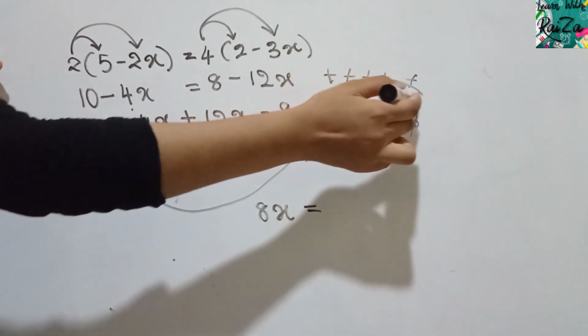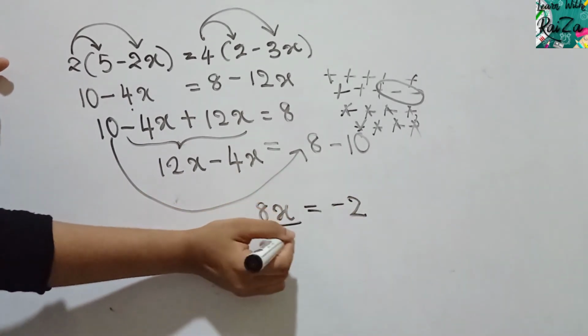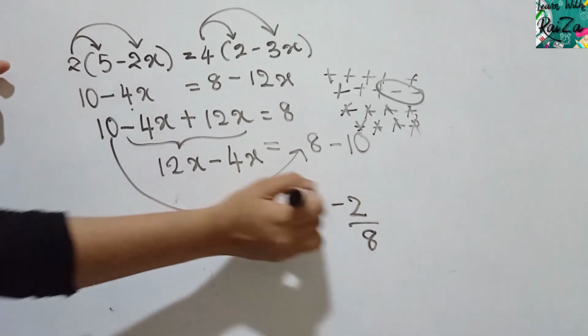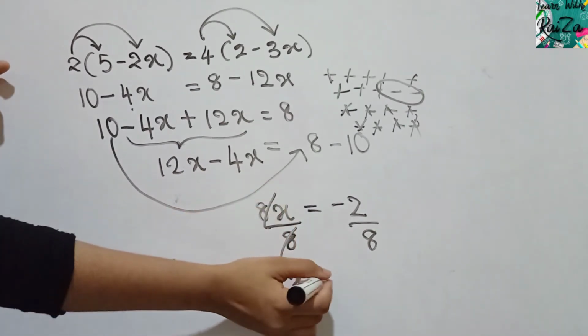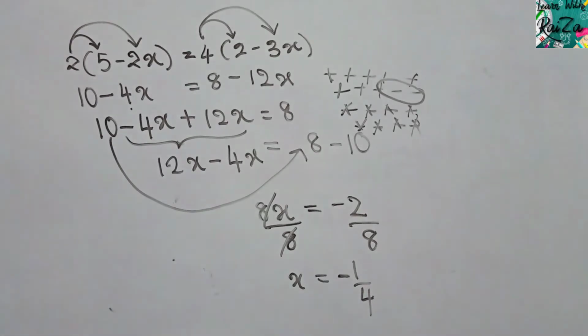So who is remaining? Negative 2 remaining. So here negative 2 comes. So divide both sides by 8. Then what happens? X is equal to minus 1 over 4. Dividing by 2 times table. The answer comes in negative format. So don't be scared when your answer comes in negative format, because negative numbers are also integers.